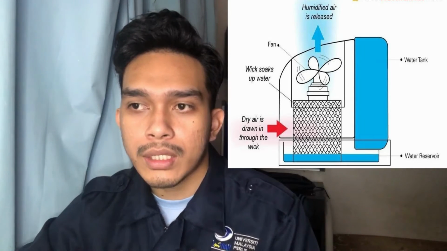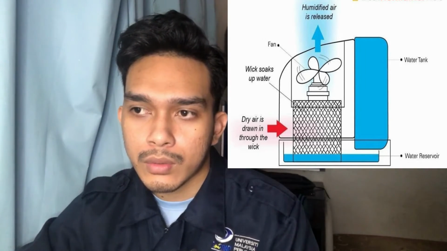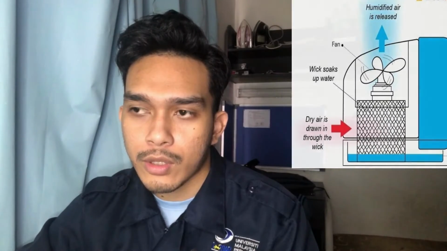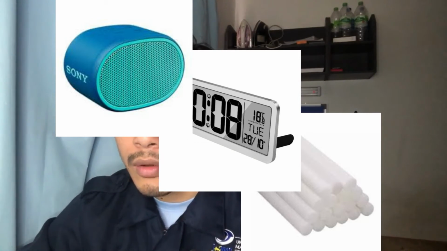Our design employs a fan to run air through a damp filter seated in a reservoir of water. We have 3 major components and also 3 additional components. For the major components, we have the filter, LCD clock, and speaker, and for the additional components, we have the USB port, buttons, and flashlight.